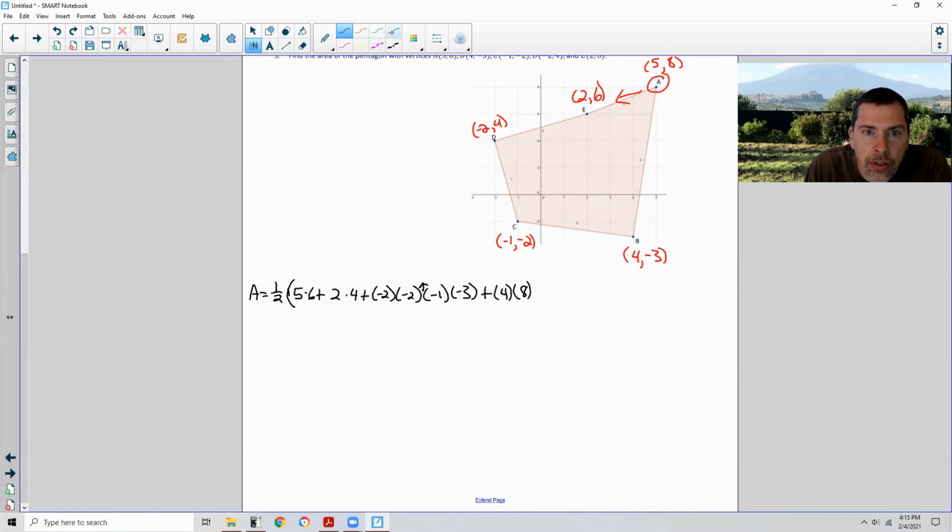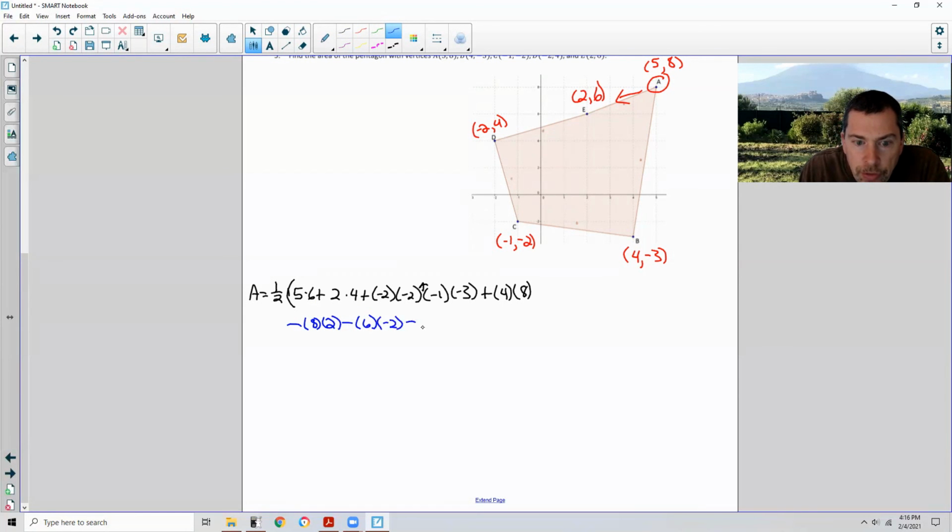Now I'll just change colors to do the minuses. Now we're starting with y. And I might run out of room here, so I'm going to do it on the next line. So I'm just going to come down to the next line and say minus, so it's a continuation. Minus y1, 8, times the next x in line, which is 2. Minus the y that went with that 2 times the next x, which is -2.